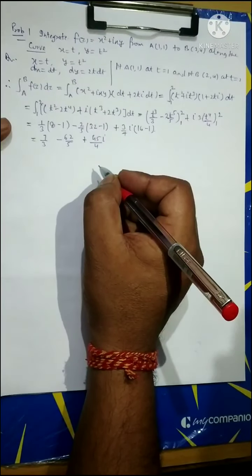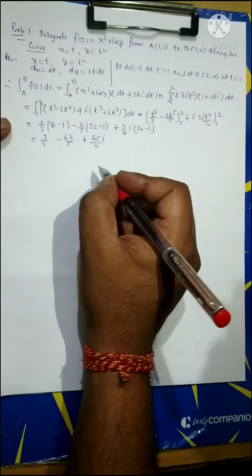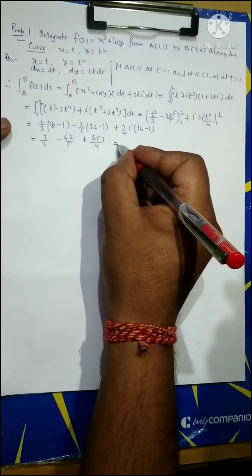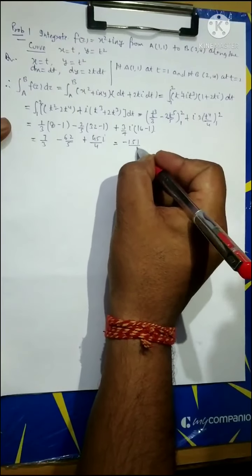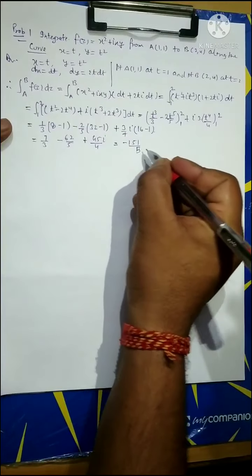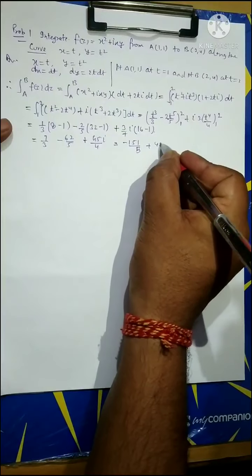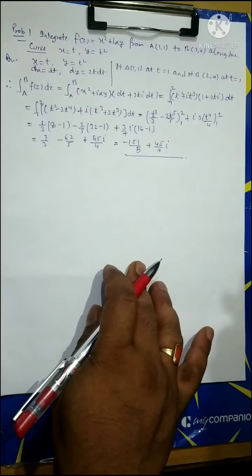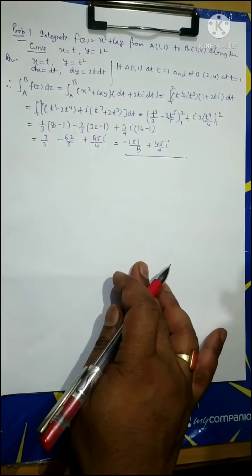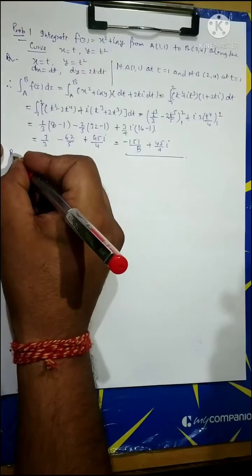Now solving this, we get −151/5 plus 45/4 i. This is the complete solution. Now the next problem.